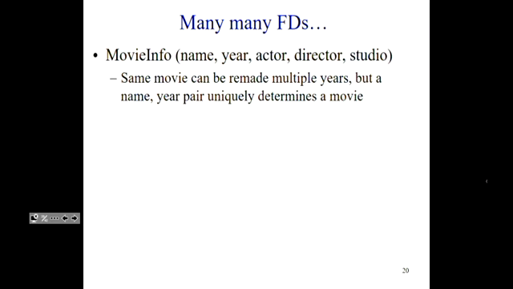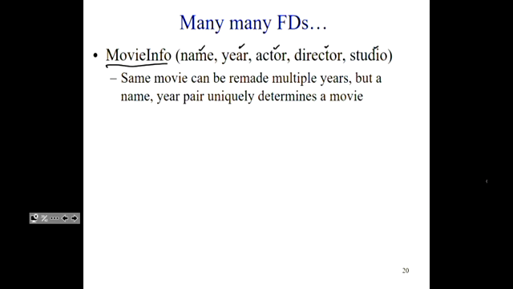So let's walk through how one may think about enumerating the functional dependencies that hold in a given relation. Let's say I have a relation called movie info with name, year, actor, director, and studio.